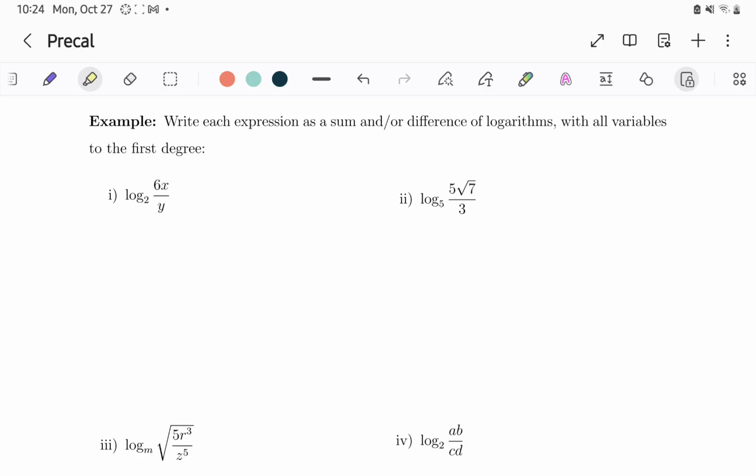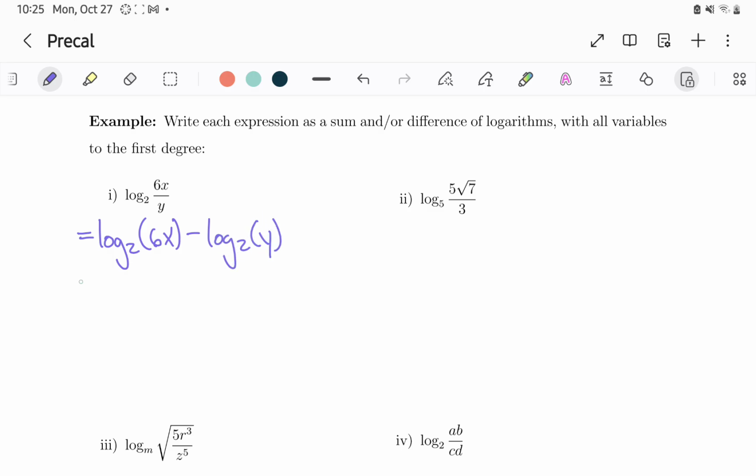And so we can use the quotient property first to say that this is equal to log base 2 of 6x minus log base 2 of y.